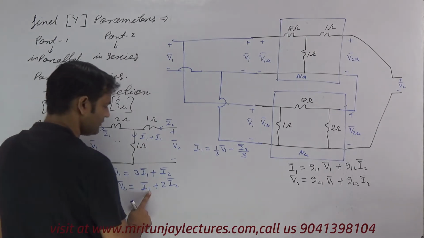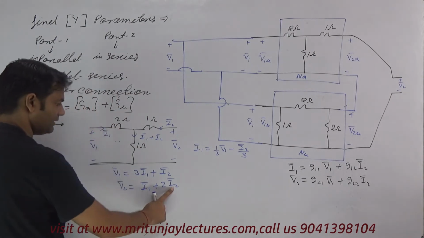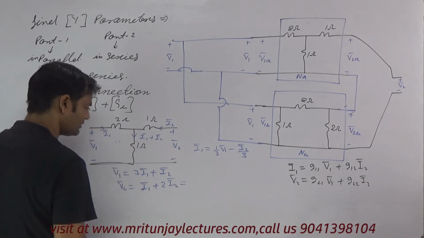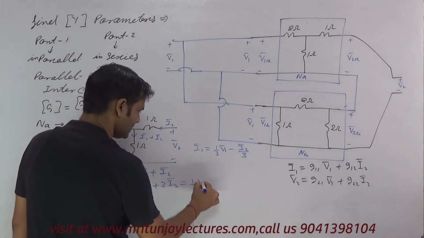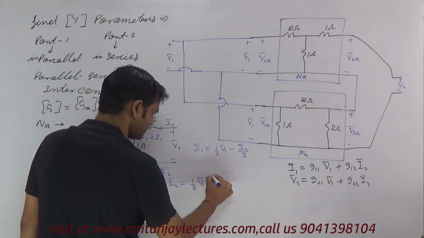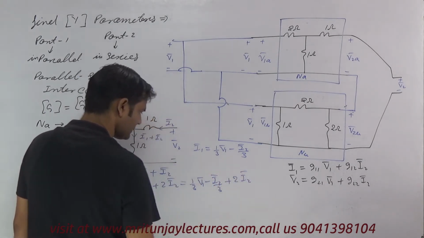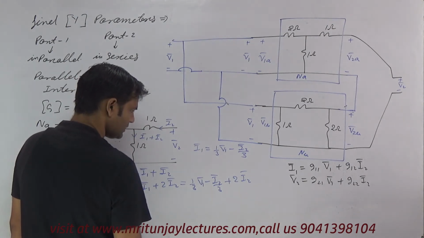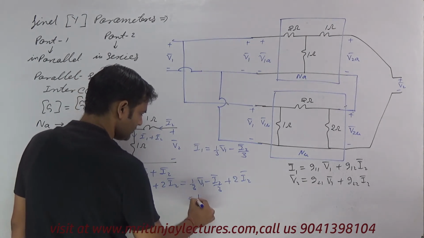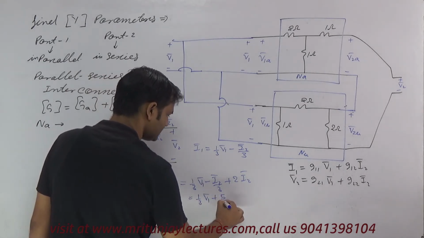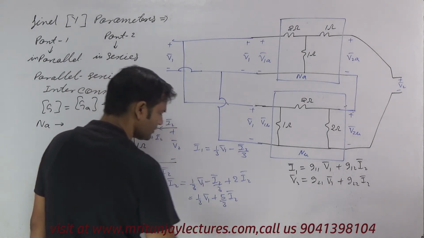Putting I1 here, V2 equals 1 by 3 V1 minus I2 by 3, plus 2 I2, that is 1 by 3 V1 plus 5 by 3 I2.